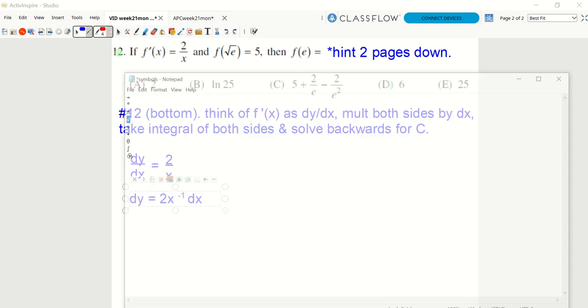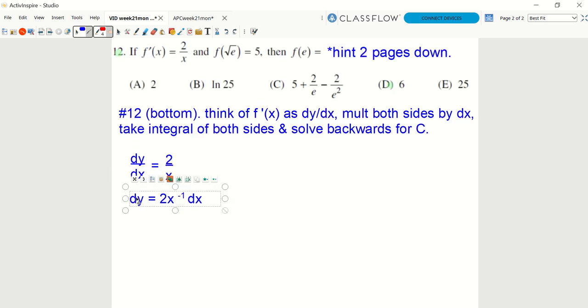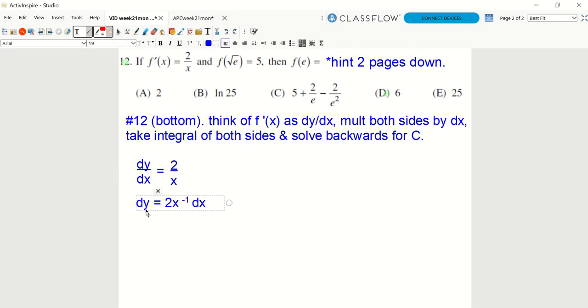Now we're going to take the integral of both sides.